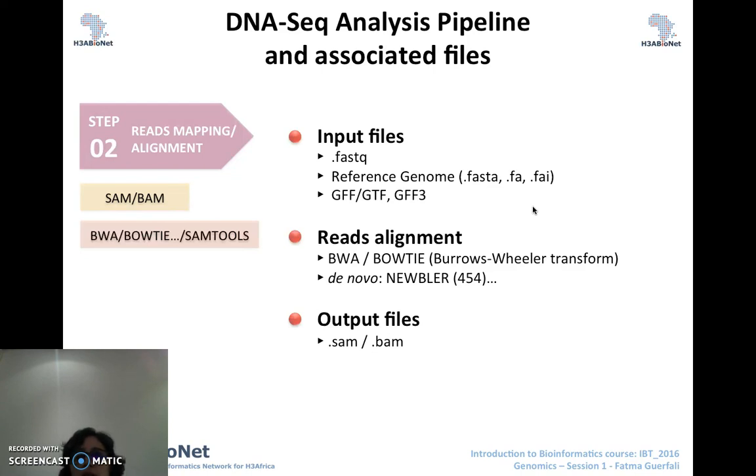Maybe the currently most popular ones are BWA, or also a variant called BWA-MEM, and also Bowtie, that are open source and use what is called a Burrows-Wheeler transform that improved tremendously the field of read mapping, because it contrasted with the previously known seed-based approach that is basically cutting the genome and the reads into small seeds and then mapping them back, whereas the Burrows-Wheeler transform would look for read identity, character by character, and this is what makes them really faster algorithms.